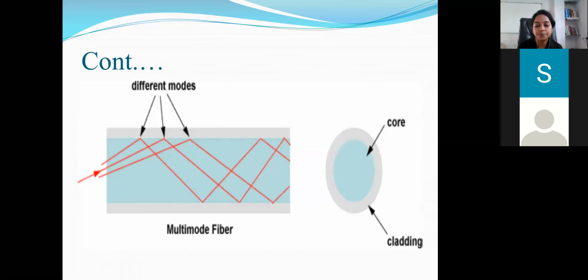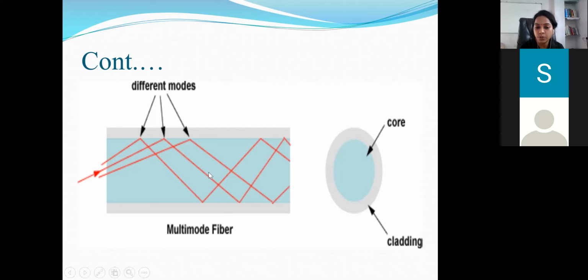So this is how the light travels in multi-mode fiber. This is a multi-mode fiber. What happens in this is you have light from one direction, a second direction, and a third direction. The light enters, it has reflection and comes back into the fiber, and then once again it reflects. And this is its surface. This has core and cladding.